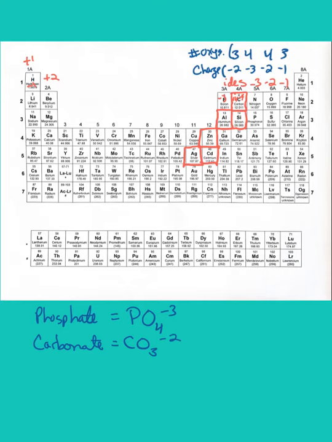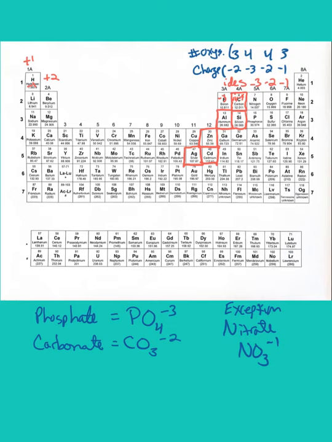However, we have one exception, okay, that doesn't work for the trick. Okay, nitrate is NO3 -1. Okay, now if you look here, the trick would tell us NO4 -3. That is not nitrate. It is NO3 -1.